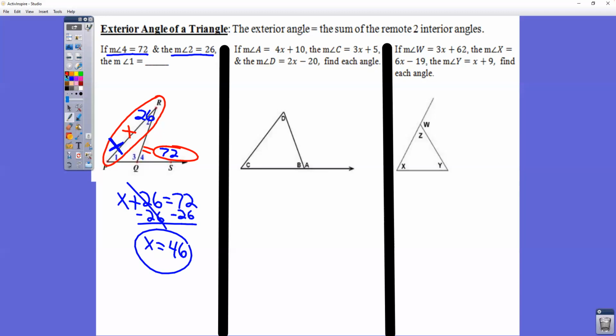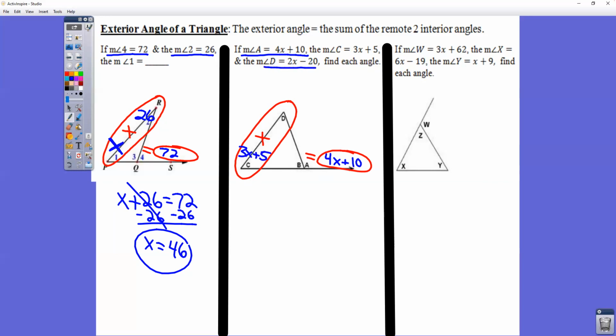When we take a look at the middle one, these two angles added together equal this outside angle. So it says the measure of angle A is 4x plus 10. So we have 4x plus 10 on the outside. The measure of angle C is 3x plus 5.